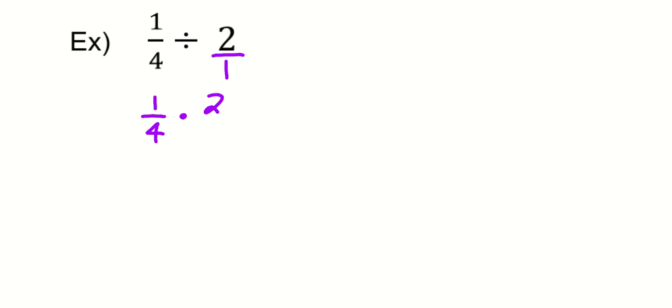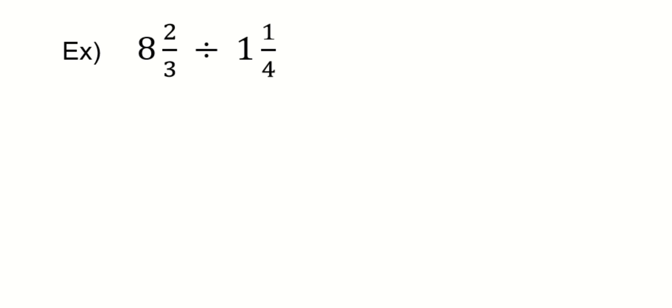I think I just messed it up. 2 over 1, when you flip it, is 1/2. So this problem becomes 1/4 times 1/2. Now we can multiply across. 1 times 1 is 1. 4 times 2 is 8. And does 1 over 8 reduce? Heck no.